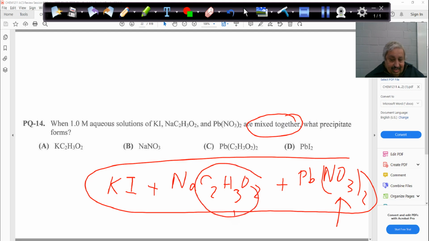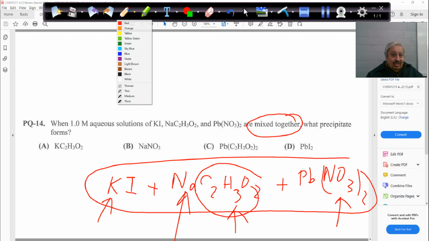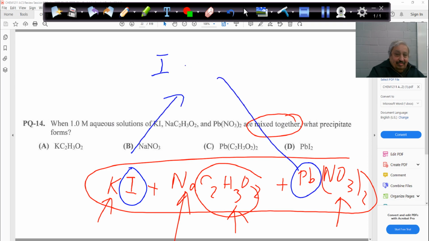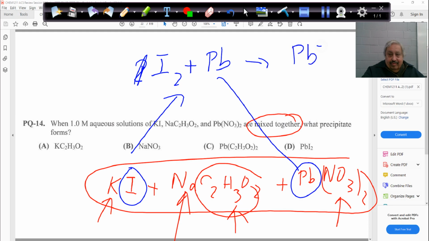Acetate, anything with acetate will be soluble. Potassium, anything with potassium is soluble. Anything with sodium is soluble. The only thing left that is not soluble is the iodide and the lead. So the answer is lead iodide, PbI2.